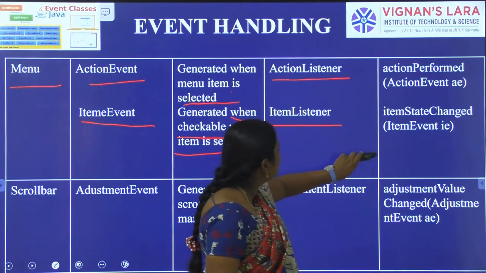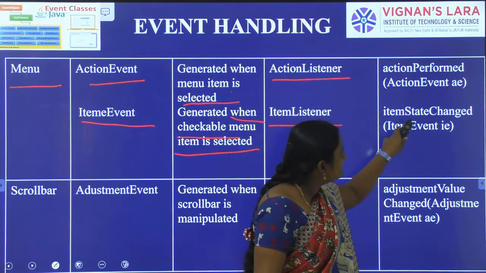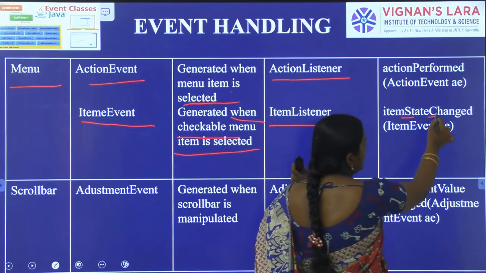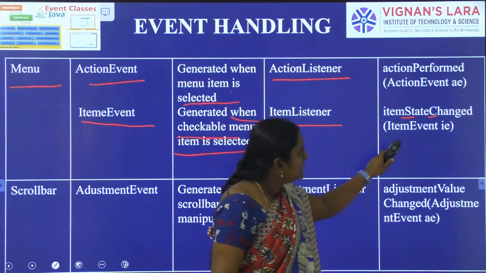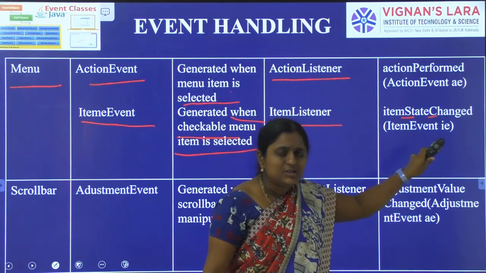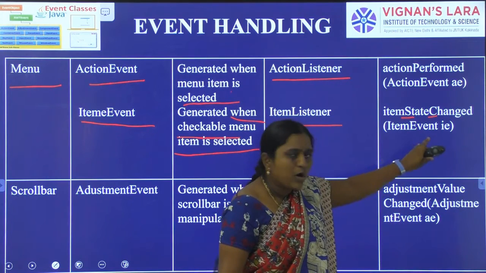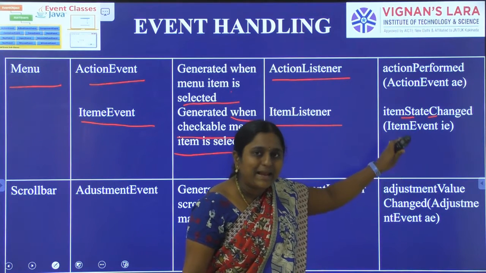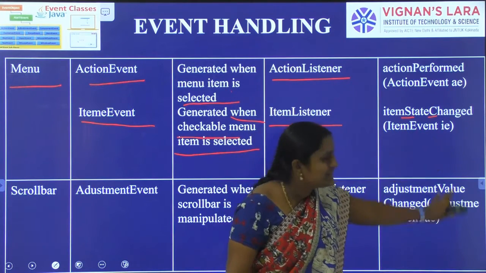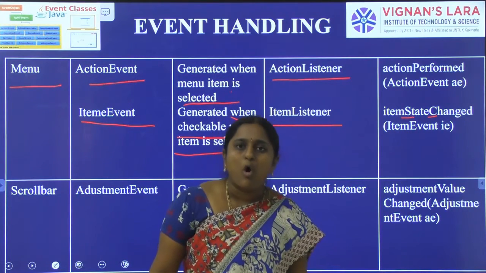The ItemListener interface defines one method, itemStateChanged. According to the naming rules, S and C should start with a capital letter. It has one argument. Here ItemEvent is the object. This object is supplied as an argument to the itemStateChanged method. Here I is the reference of the ItemEvent object.